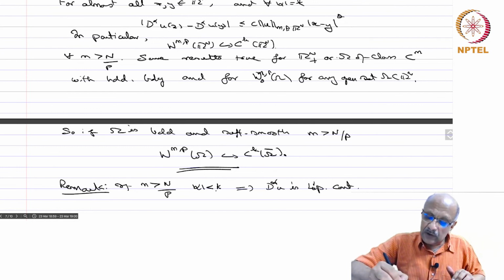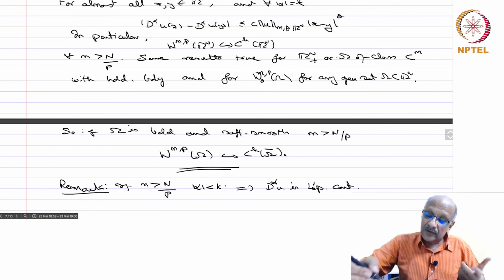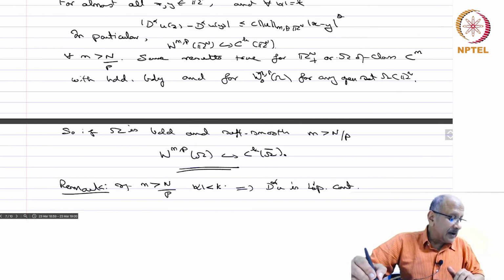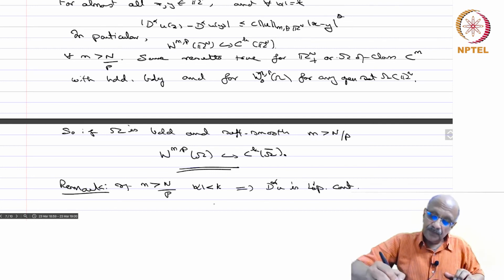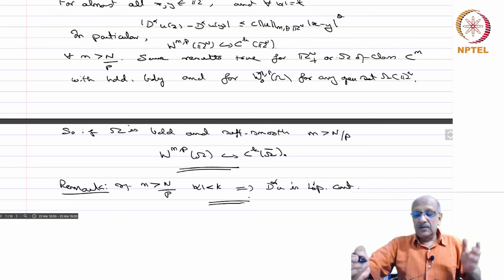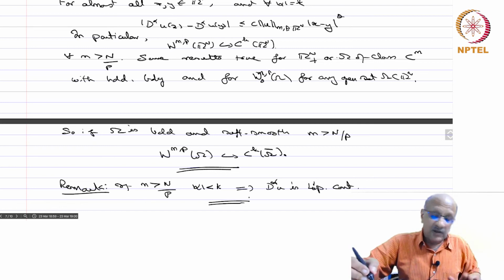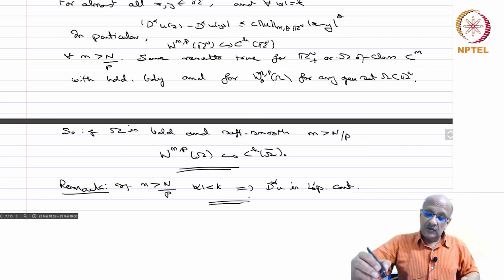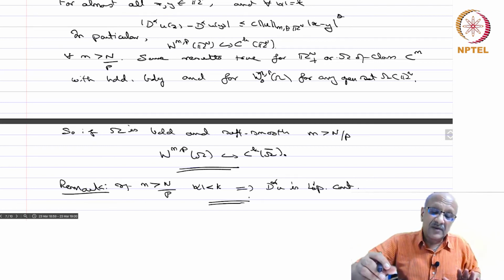It is only when you come to |alpha| equal to k that you cannot say anything about the next derivative, and therefore you only have Holder continuous. Okay, so that is just from the mean value theorem, which says if the derivative is bounded then the function is Lipschitz continuous. So this completes the study of the embedding theorems. Our next aim is to see which of these embeddings are going to be compact. Okay.